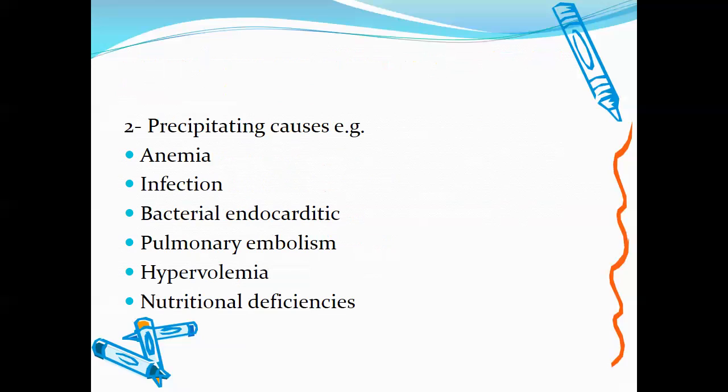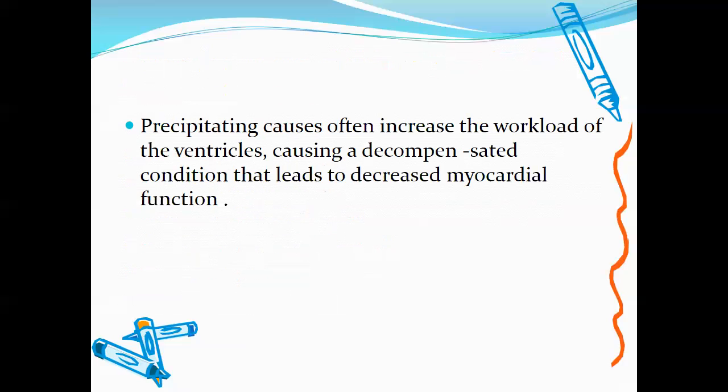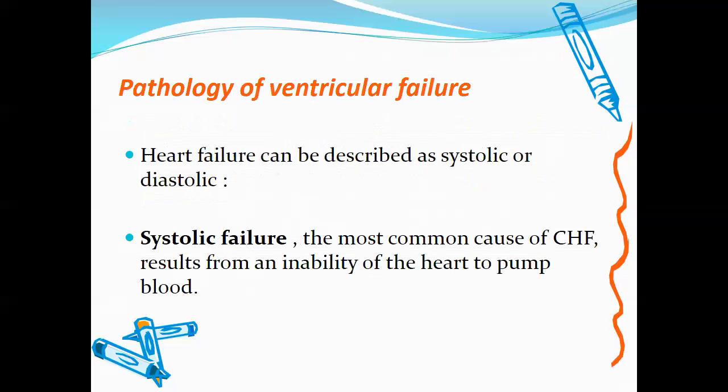Precipitating causes could be anemia, infection, so bacterial endocarditis, pulmonary embolism, hypervolemia, nutritional deficiencies. And we say precipitating causes, something that increases the workload of the ventricles and basically causes a decompensation, some exacerbation of that heart failure condition, leads to increased workload.